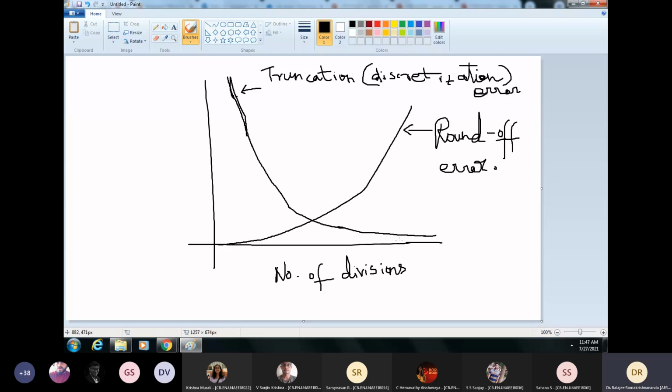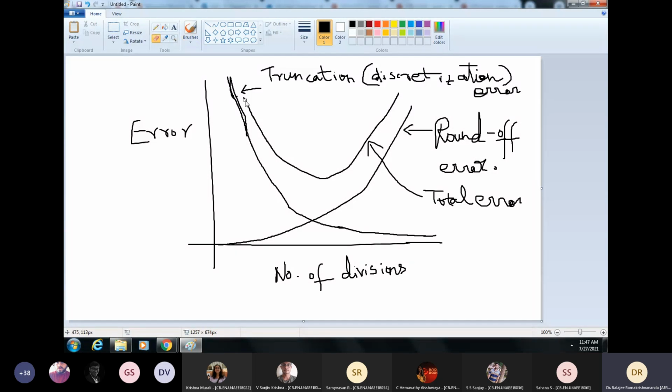Now if I add both of them, I am putting error here on the y-axis. I will get something like this, correct? What is this? Total error. Rather, I will just draw using a different color.